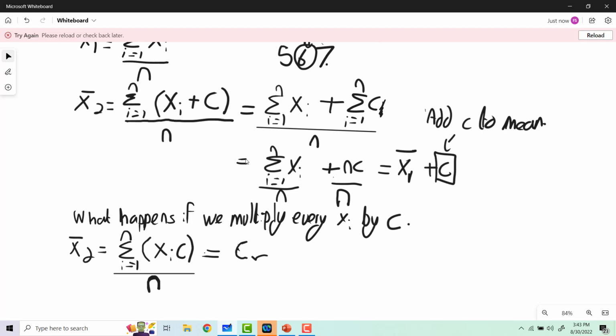So we're going to have c times the sum from i equals 1 to n of xi, all over n. And if we look at this area here, let me change the color.